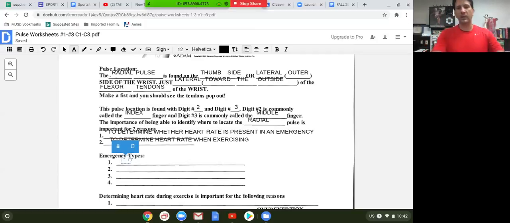But so number one, a severe bleed. Okay, so any severe bleed, you want to be able to take pulse to see where that pulse is at, whether it's in range or not. And eventually we'll talk about what the normal ranges are.